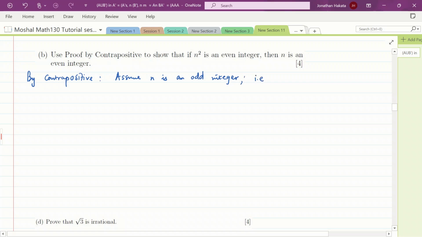What does that mean? If n is an odd integer, it means n is equal to 2k plus 1 for some integer k.